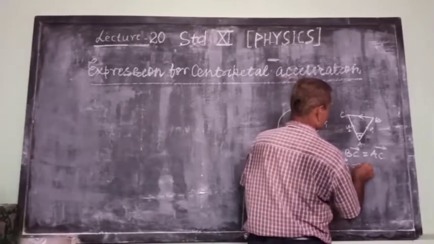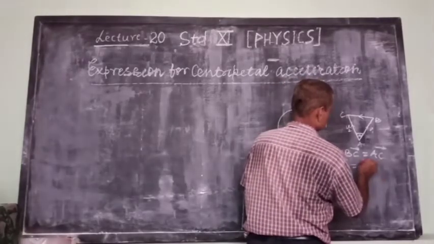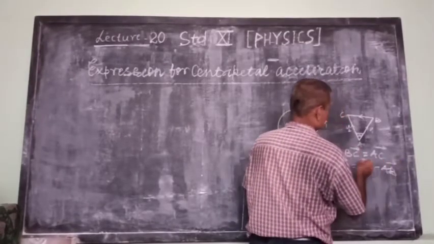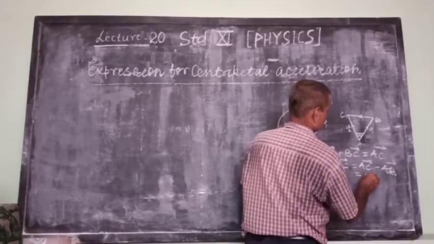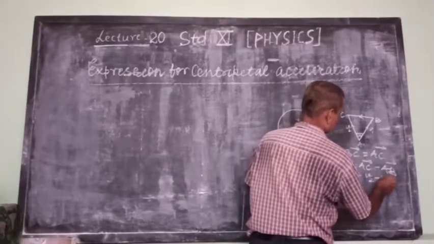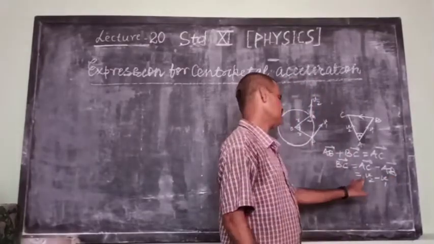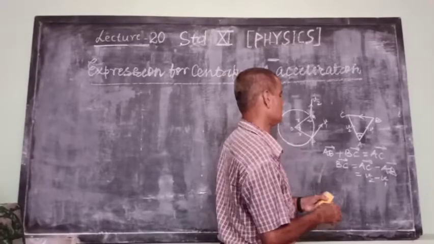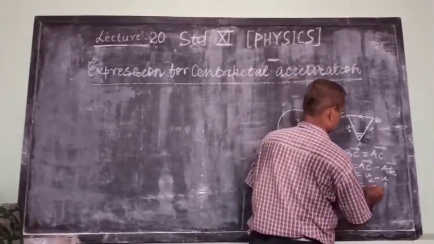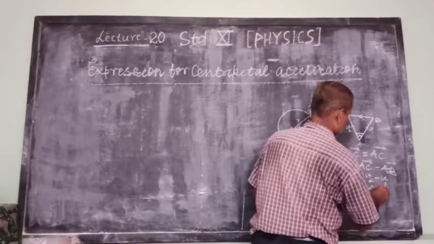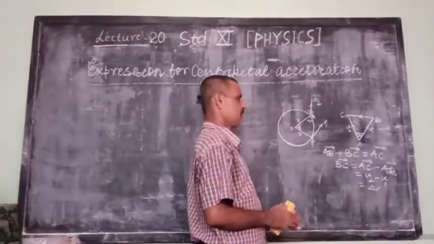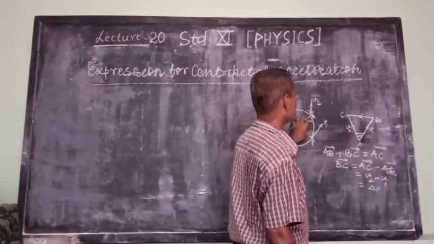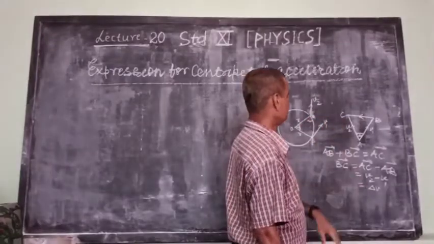This BC can be written as AC minus AB. The value of AC is equal to V2 minus V1. So we can say this is the change in velocity. Change in velocity is denoted by delta V. Delta V means change in velocity. Okay. Now I will compare between these 2, and finally we will get the value.